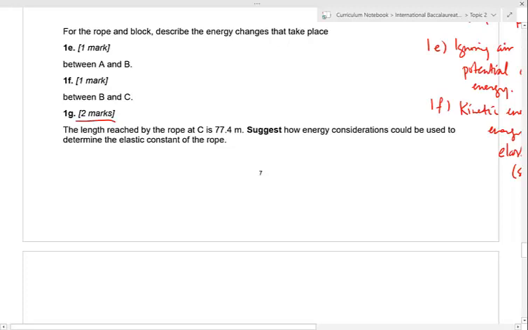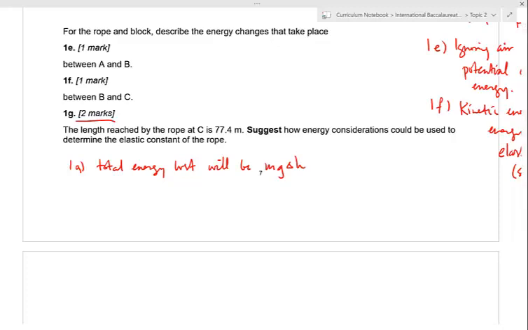So for 1G, total energy lost will be mg delta h, because it started off with only potential energy. By the bottom it will have lost all of its kinetic energy, so the energy that's been lost is just the total gravitational potential energy lost. So that's going to be 80 times 9.81 times 77.4.